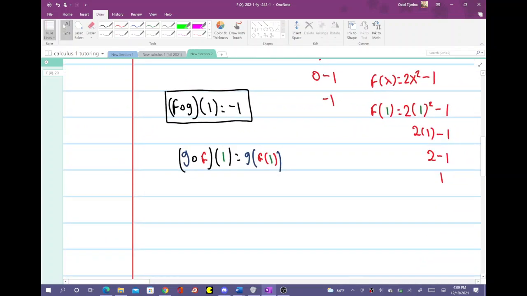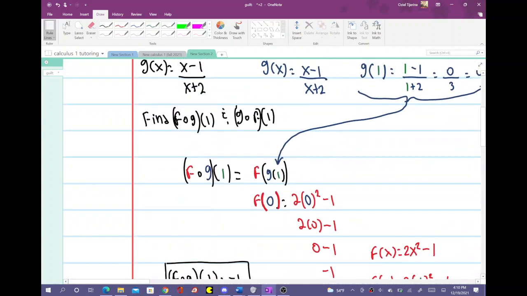So now this becomes g of f of 1, and f of 1 is just 1, right? So we're going to go ahead and color code that. And now we do g of 1.